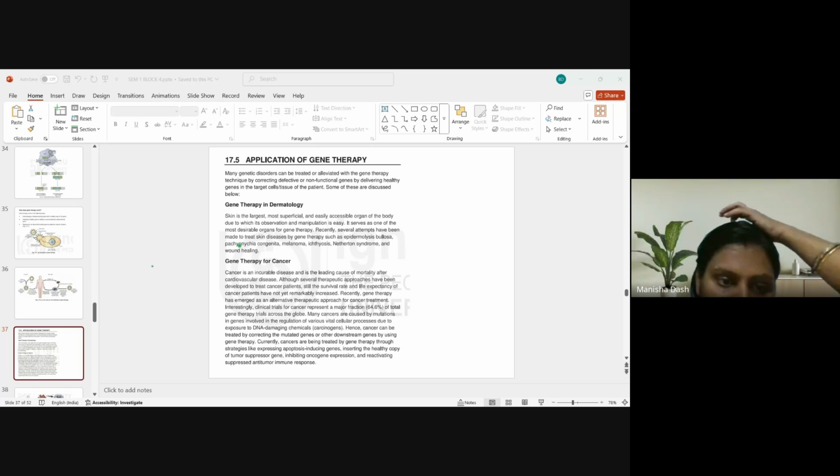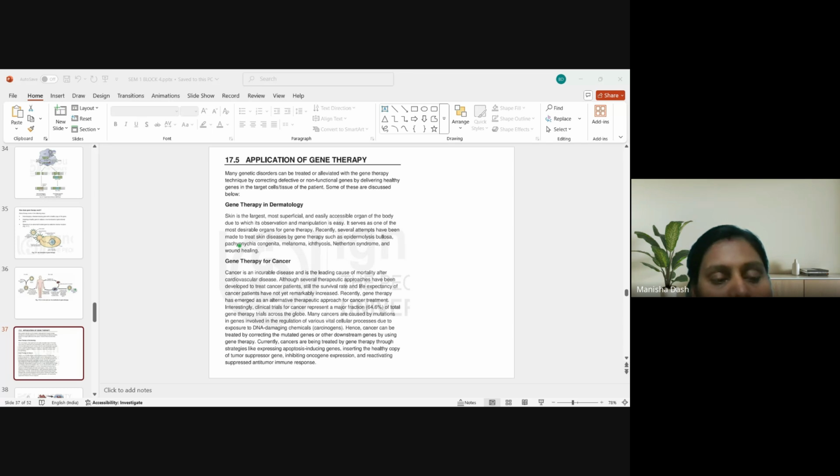Recently, several attempts have been made to treat skin diseases by gene therapy, such as epidermolysis bullosa. Certain types of melanoma can also be treated with gene therapy. Since it is a superficial organ, it is easier to target it and carry out an in vivo or even an ex vivo experiment.